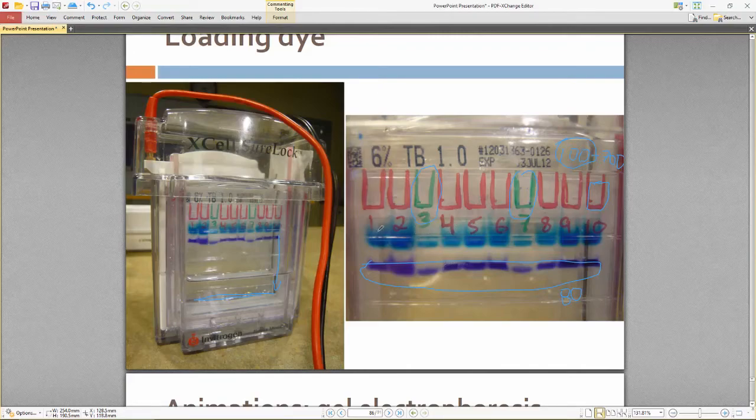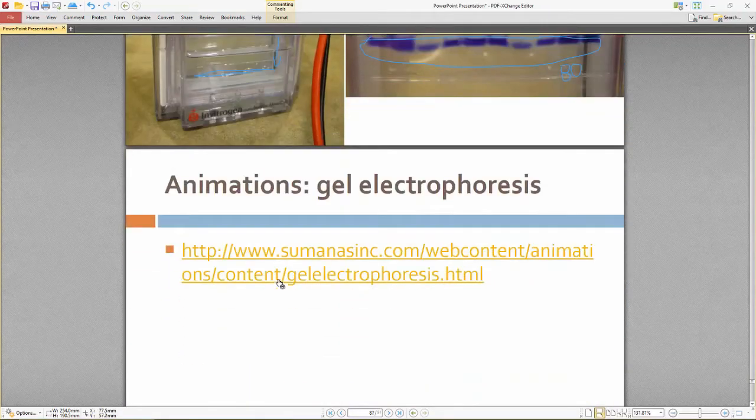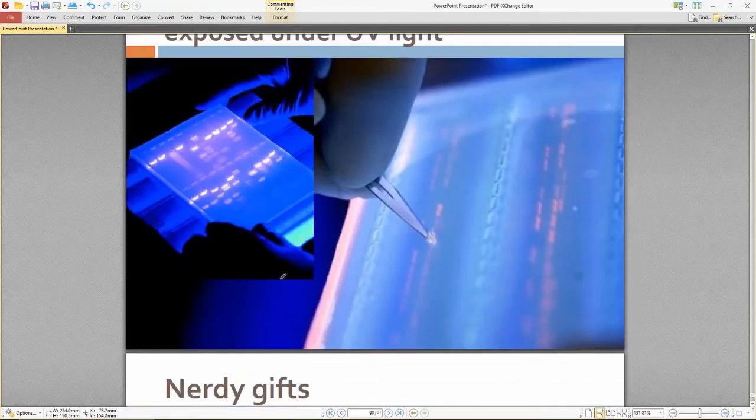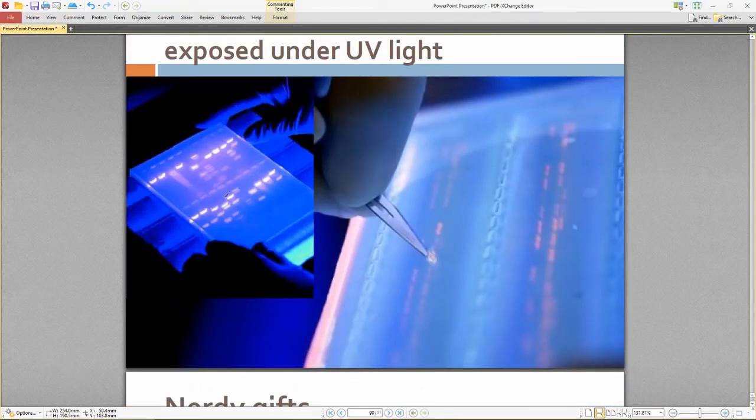So if in 1, 2, 4, 5, 6, 8, 9, 10 you don't know the fragments that are contained inside, in your 3 and 7 you will basically have fragments of all the different sizes, and once you stain your DNA you will compare the base pair lengths to the columns 3 and 7, or to the wells 3 and 7.